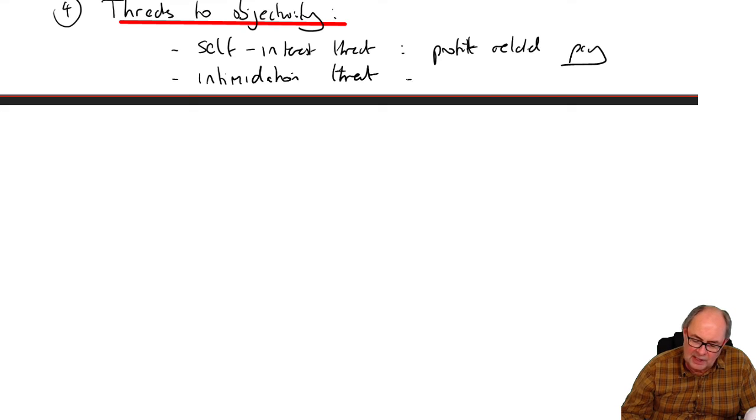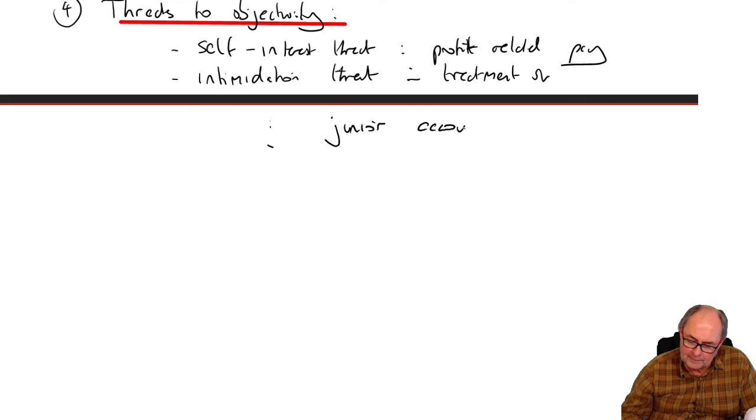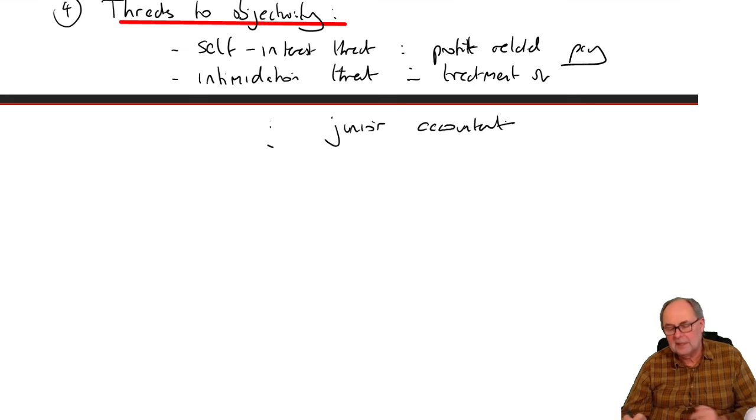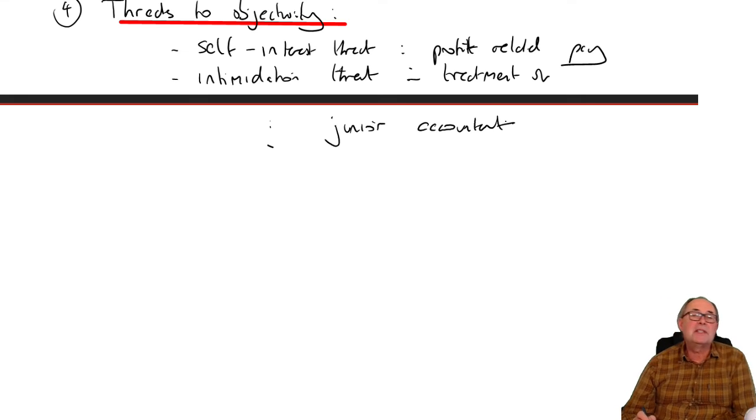In terms of the treatment of the junior accountant, who is a shivering wreck of nerves, so we can bring in the threats.